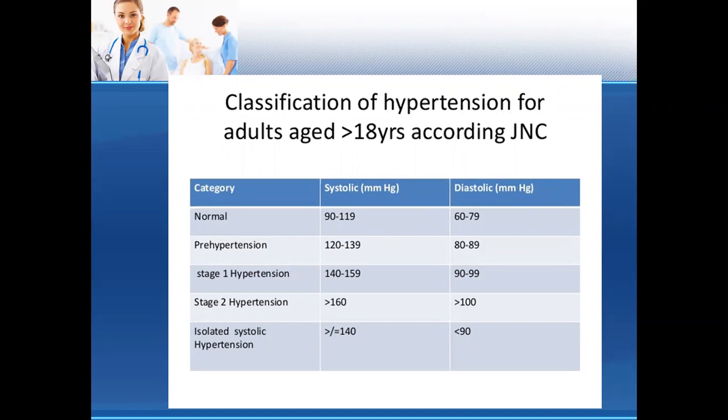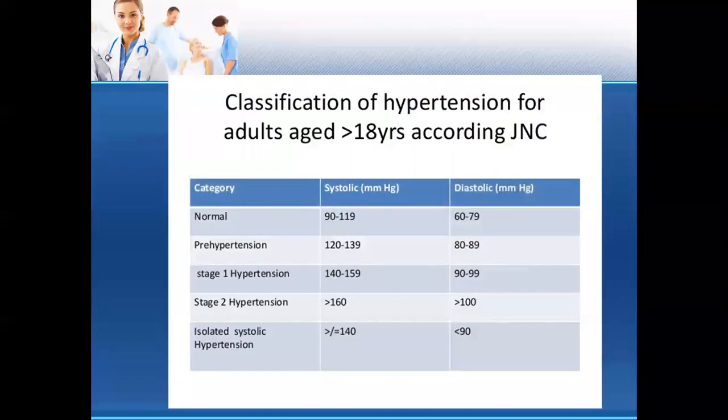You take the blood pressure reading at least on 3 separate visits over the 7 weeks. If it persistently increases in every consecutive visit, we can say they are hypertensive.